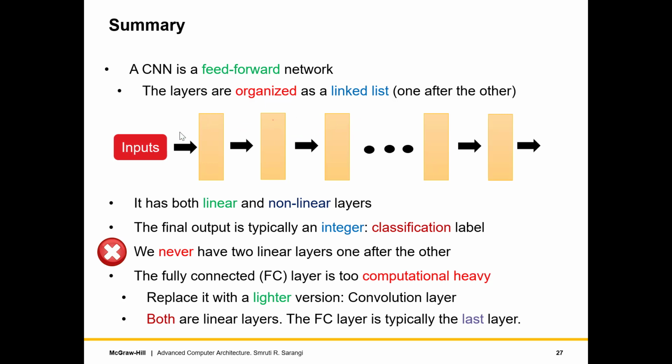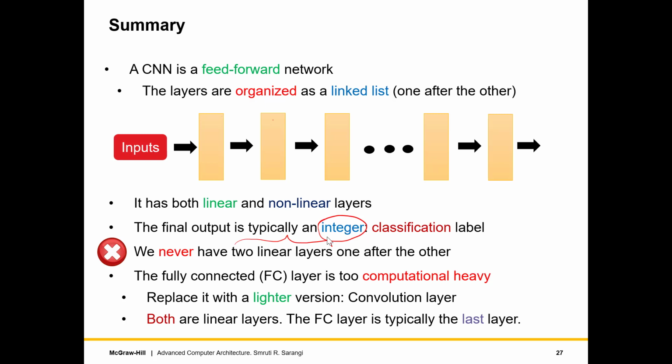The original inputs are fed into the leftmost layer, and then we have linear layers as well as nonlinear layers. And the final output is typically an integer, which is a classification label. We never have two linear layers one after the other because that would make little sense. Because two linear layers one after the other would actually turn out to be one linear layer.